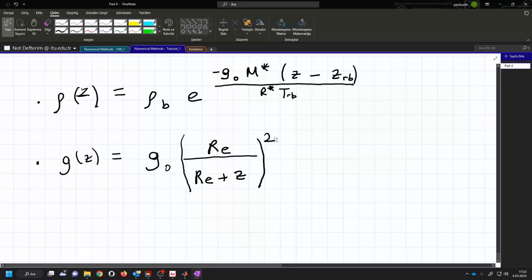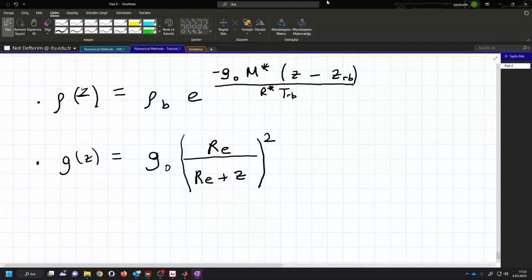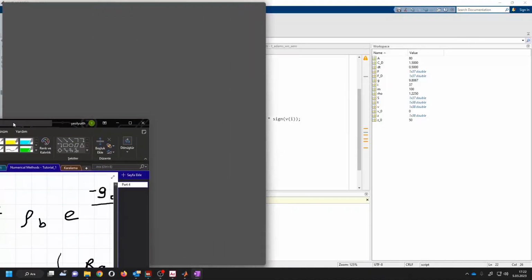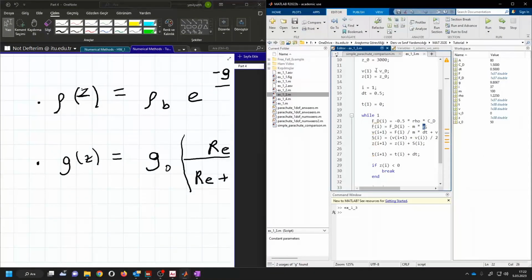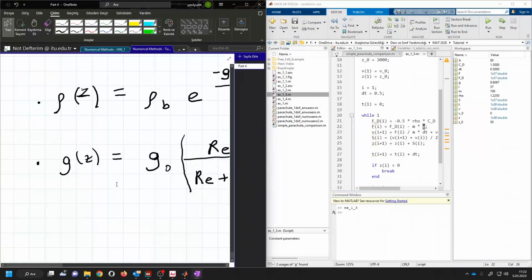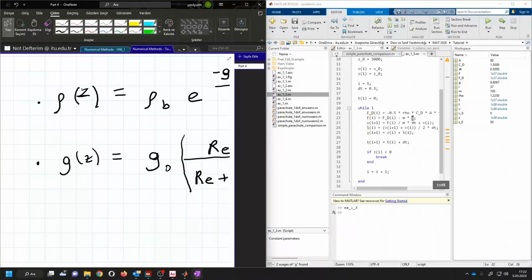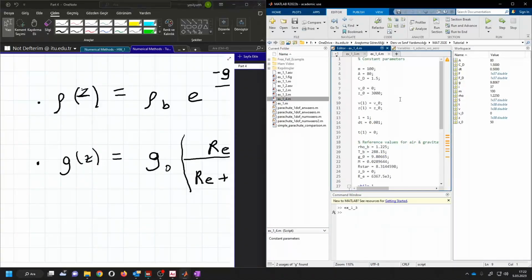So let me go to the MATLAB site again, and I have already written down these equations and added those equations in my solver in this script.